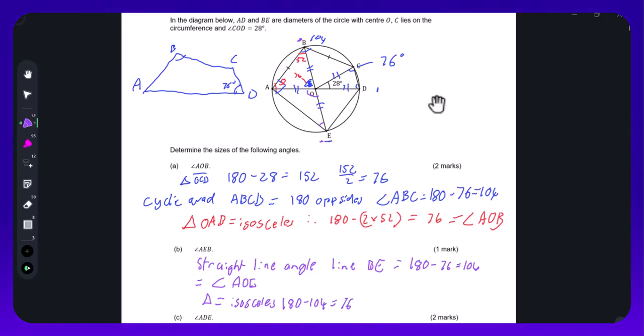And then each of the sides is going to be 76 divided by 2, which is 38 for each of them. So that will be our answer for both of those angles, 38, 38. I'll make sure I write it for angle AEB. So there's that one done.